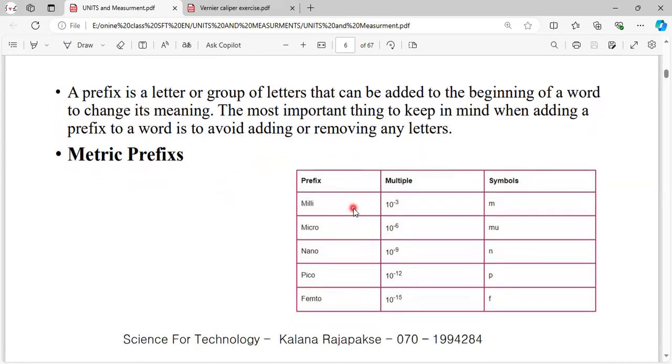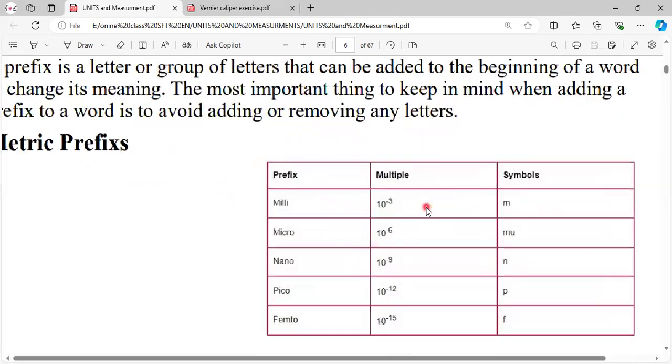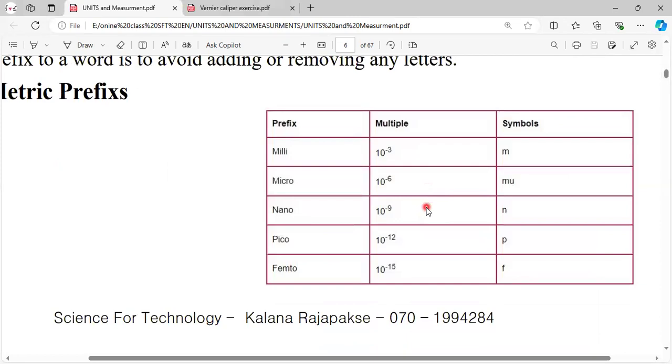For example, you can see the metric prefixes, right? I'll take one SI unit, the meters, okay? So these are the prefixes. Prefixes can be added in front of any unit, okay? So if I put a simple m in front of meters, what happened? It is called millimeters, right?